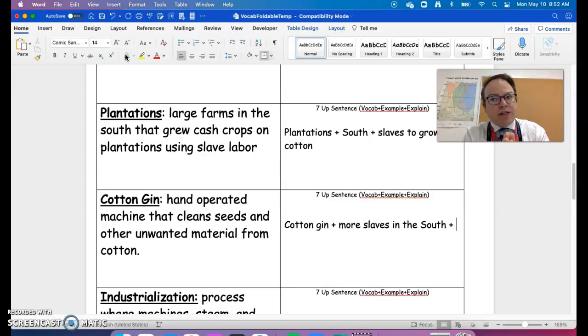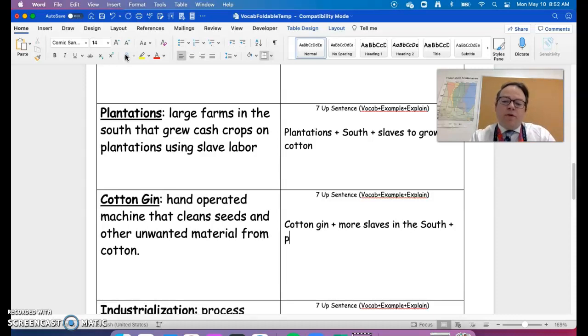And plantations didn't have just one cotton gin. They had hundreds of cotton gins. So you can see how that would explain an increase in slavery in the South. So the cotton gin, more slaves in the South. You could clean cotton faster.